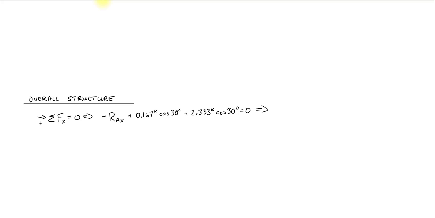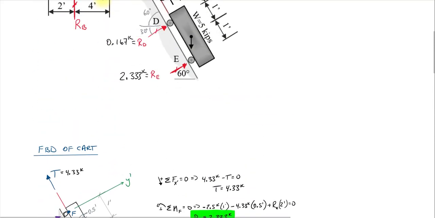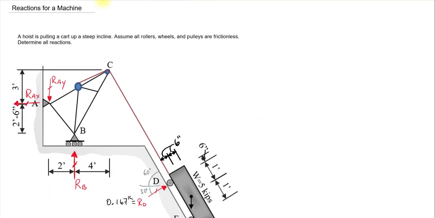And that's going to tell me that RAX, when I solve for it, is equal to 2.165 kips. That's another one of our answers, 2.165. Let's go ahead and write that up on our free body here. That's 2.165 kips. And it was positive, which means our initial assumption that it was pointing to the left was valid.